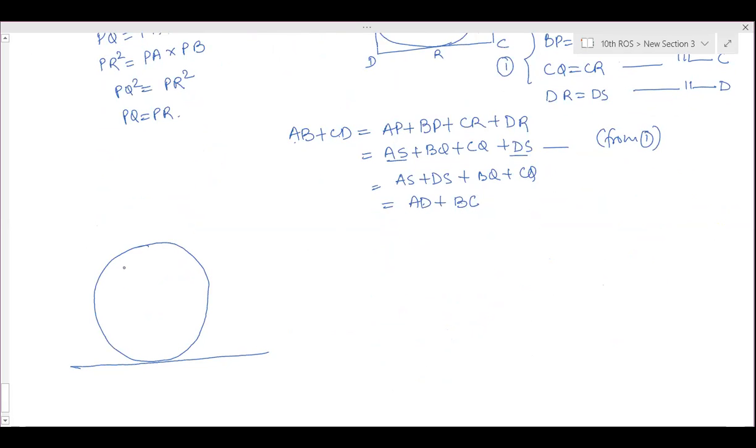This is the tangent, PQ. This is O. Chord PQ is parallel to the tangent drawn at point R. Suppose AB is a tangent. Prove that R bisects PRQ.